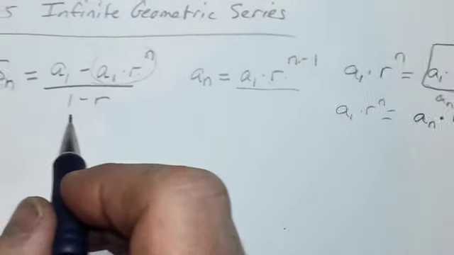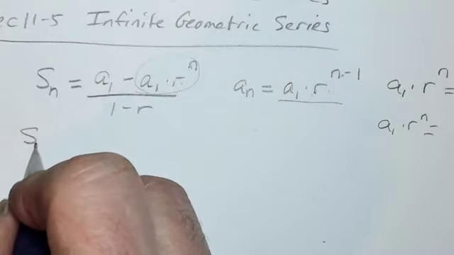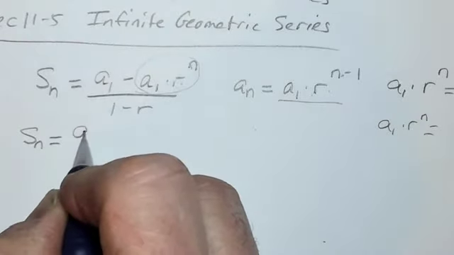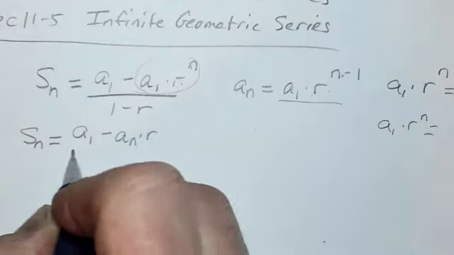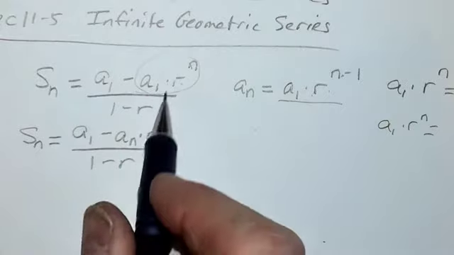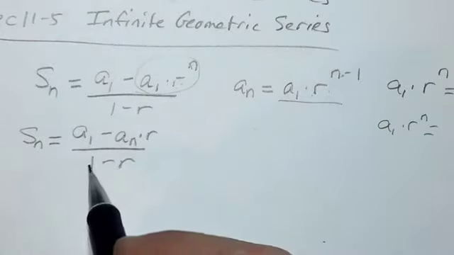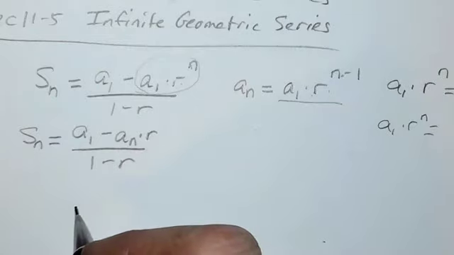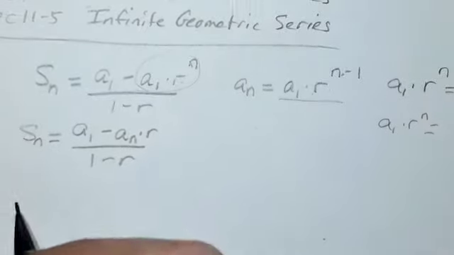So this formula can be altered, in that S sub n is a1 minus a sub n times r, over 1 minus r. If I don't know how many terms there are, I can still use this formula. So let's look at an example of that.